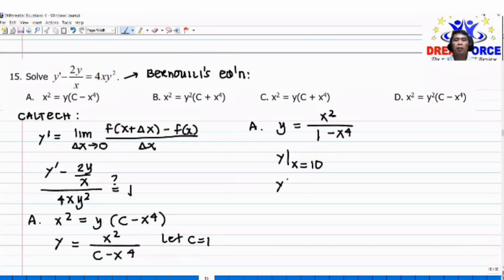Then y sa function of x plus delta x natin. Yung delta x, maliit siya. Okay? So that is y as a function of 10 plus 1 times 10 to the negative 5. Maliit lang siya. So ito, ilalagay natin siya sa A, store A, then ito store B.